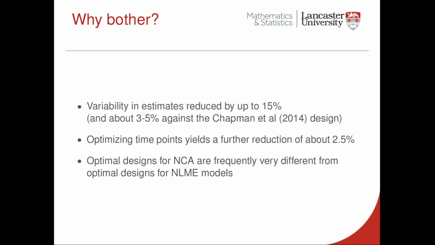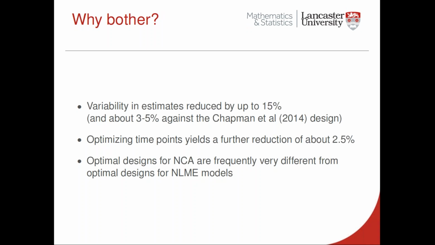So if you had chosen the worst performing scheme out of the 1,000 and some, then your variability would have increased by 15% in comparison to the best performing scheme. Now, obviously, the worst performing scheme might have all sorts of different flaws that in practice you would never consider, but even against the reasonable scheme by Chapman, you gain somewhere between 3 and 5%, depending on which truth you're looking at. And so, given the moderate amount of effort to find an optimal design, you can actually gain a notable amount in precision of your estimates.